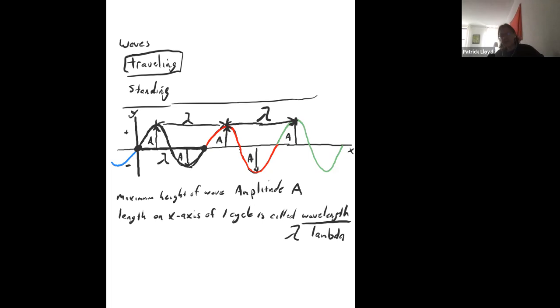The wavelength is a spatial relationship. So when we see light with a particular color, it has a specific wavelength.